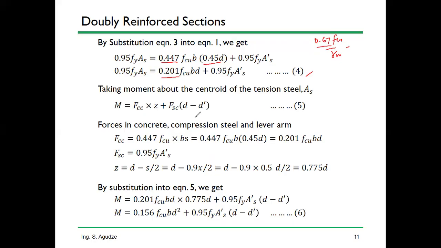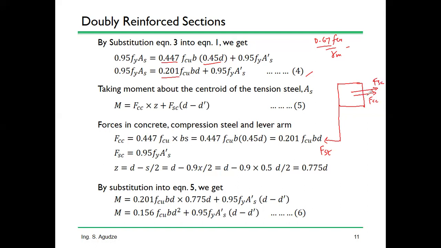Now, taking moment about the centroid of the steel. So this is a simplified stress block. Is that okay? This one is the FST, and we have one here as the FCC, and then one here as the FSC.